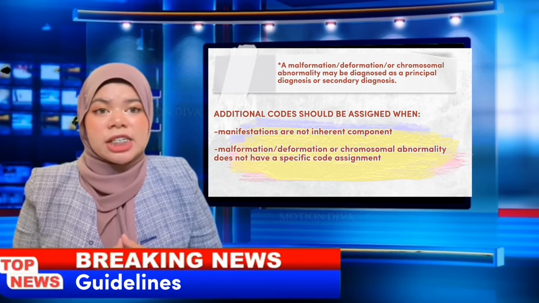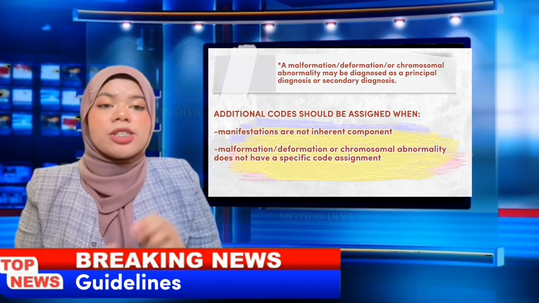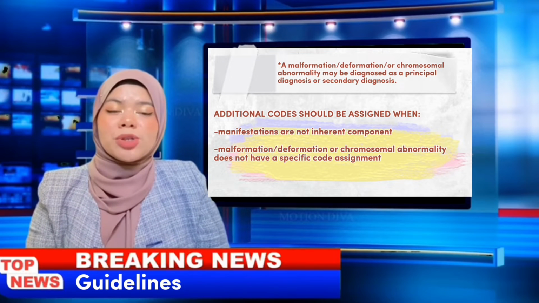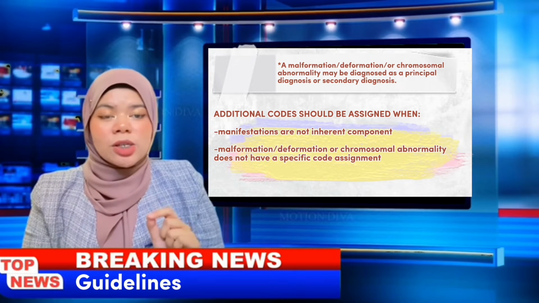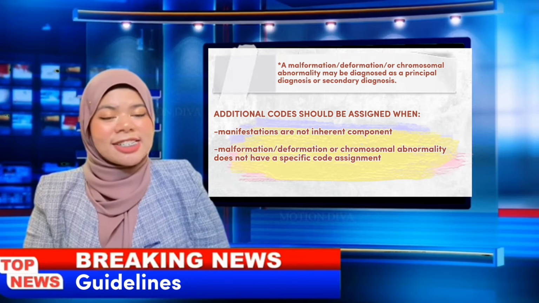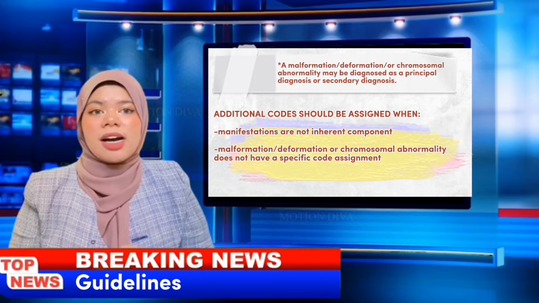Meanwhile, if the manifestation does not have an inherent component, the additional code should be assigned. Last but not least, if a malformation, deformation, or chromosomal abnormality does not have a specific code, an additional code for manifestation that might be present should also be assigned. Next, I will pass this presentation to the next presenter, Hazirah.